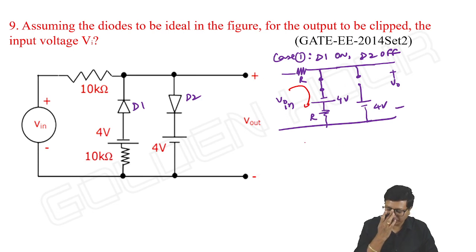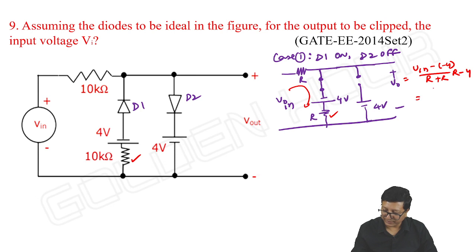There is a current flow like this, and output is equal to input minus of minus 4 by, I'm writing R plus R because R value is anyway 10k. Okay, that is the voltage across this 10k. Okay, what is the current? Input minus of minus 4 by sum of the resistors multiplied by the resistor gives us voltage across this R, and for which I need to add minus 4.